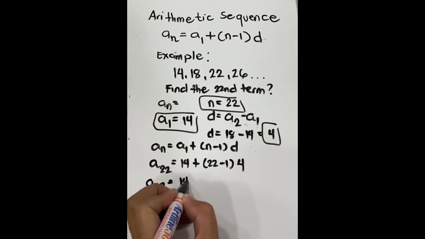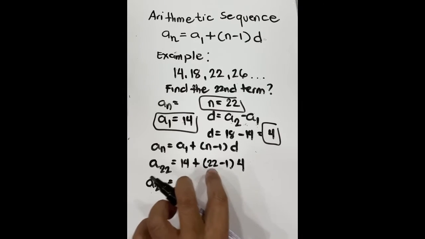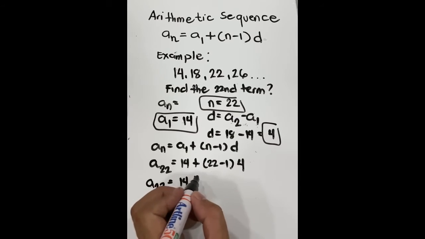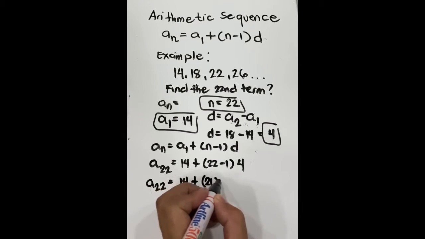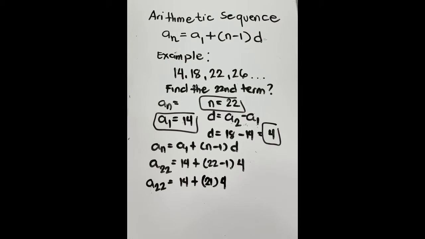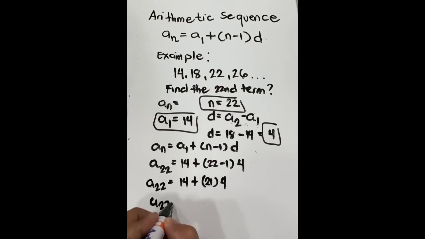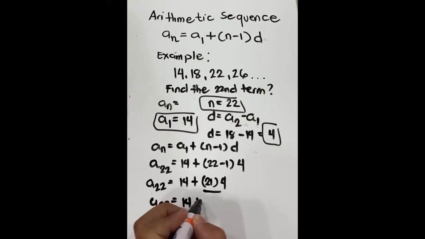So 14, unahin natin yung may parenthesis. Remember the rules of PEMDAS. So 22 minus 1 is 21. Okay. Then after that, 21 times 4. 21 times 4, so that is 84.